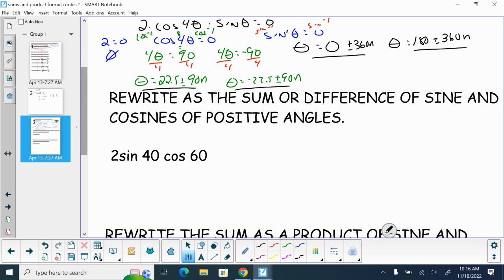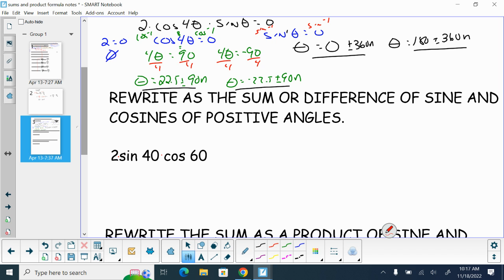Rewrite as a sum or difference of sines and cosines of positive values. We are now in multiplication, and we want to write it as a sum or a difference. So we're starting out as multiplication, which is the right-hand side of the equal sign.